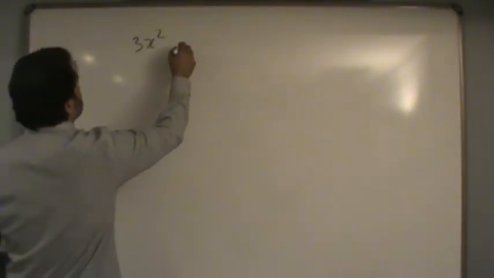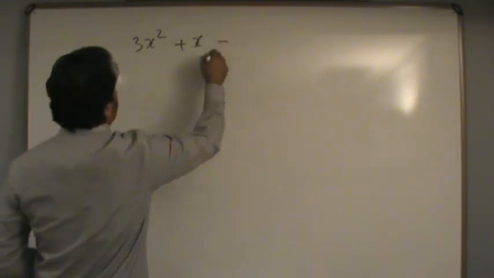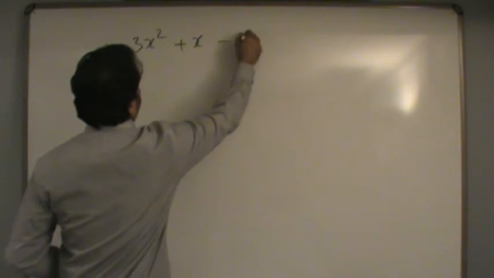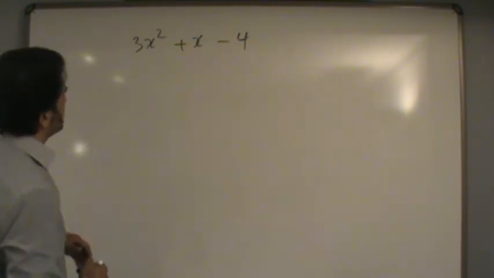So I have 3x squared plus x minus 4, an example. That's a complex trinomial factoring. So how are we going to apply this to factor?